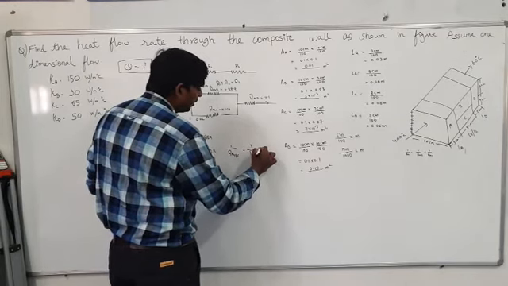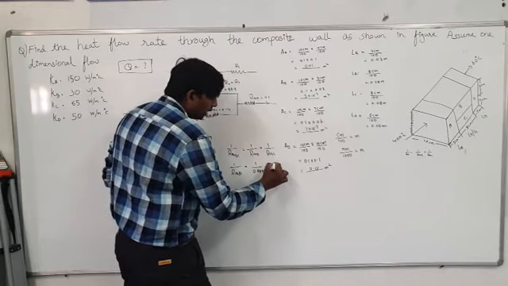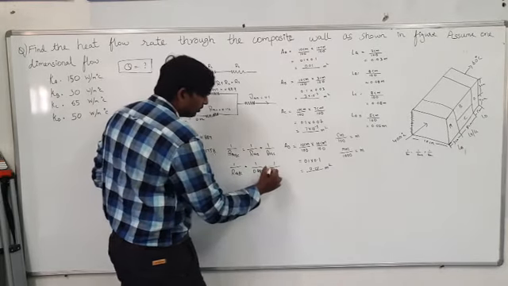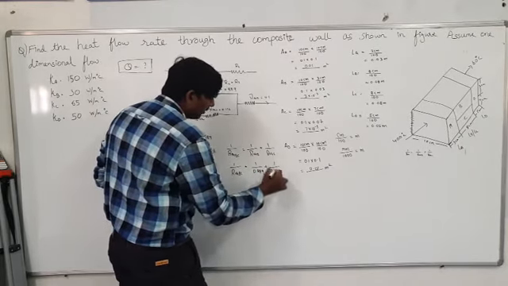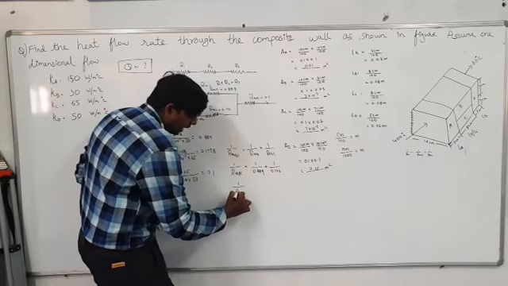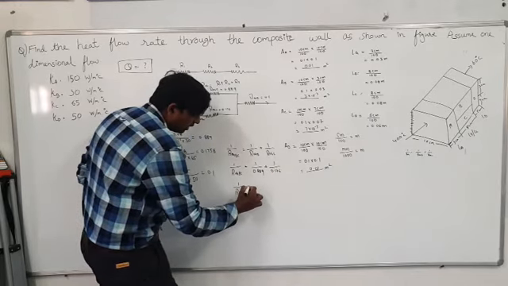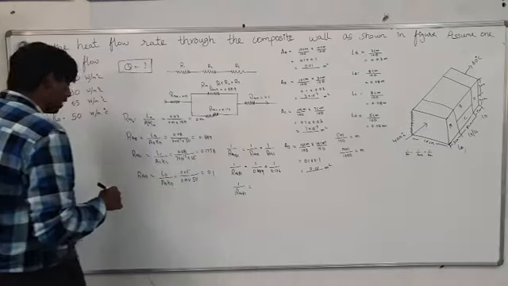So here you substitute the value for 1 by RTHBC. You know the value of RTHB. What is the value of RTHB? 0.889, plus 1 by RTHC. RTHC value is 0.176. So 1 by RTHBC is equal to, with the help of the calculator, try to solve this one.